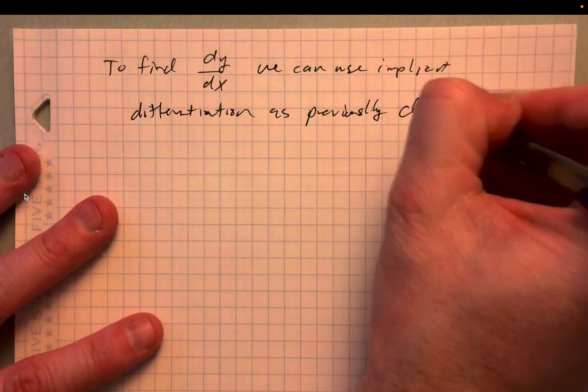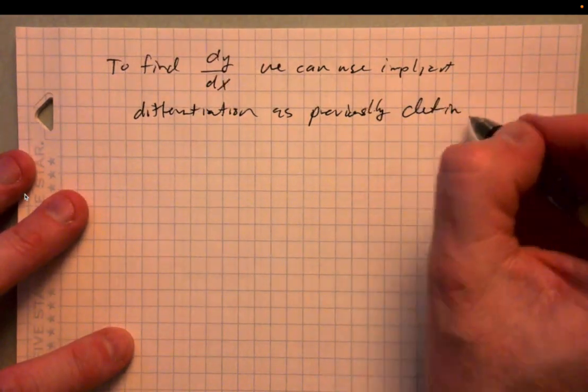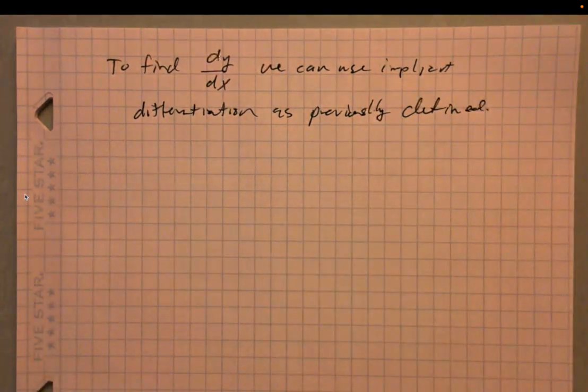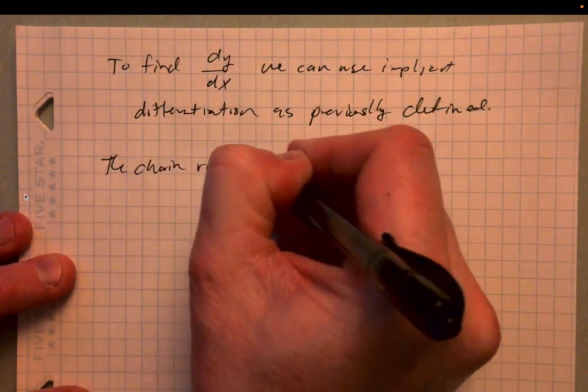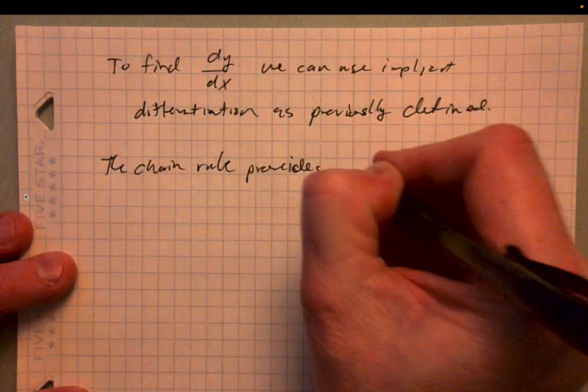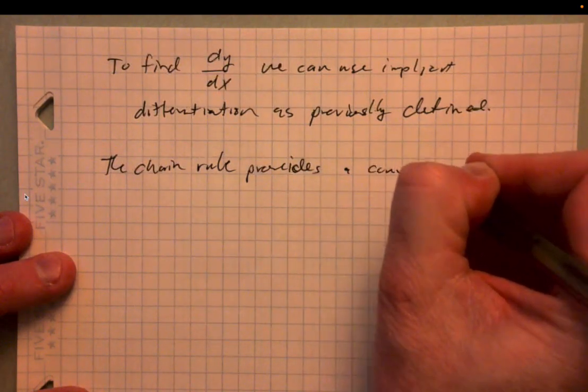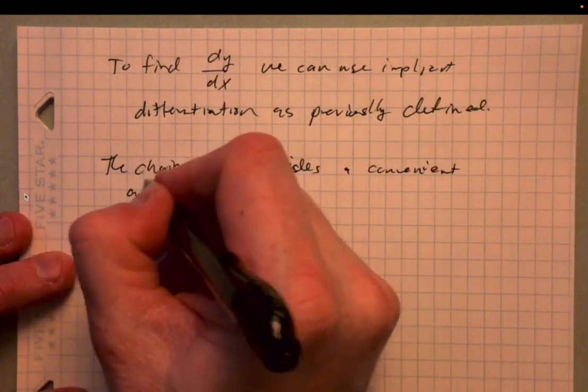So we can do that, right? But the chain rule, what we've just described, provides a convenient alternative. And we'll see that it is actually a very convenient alternative.